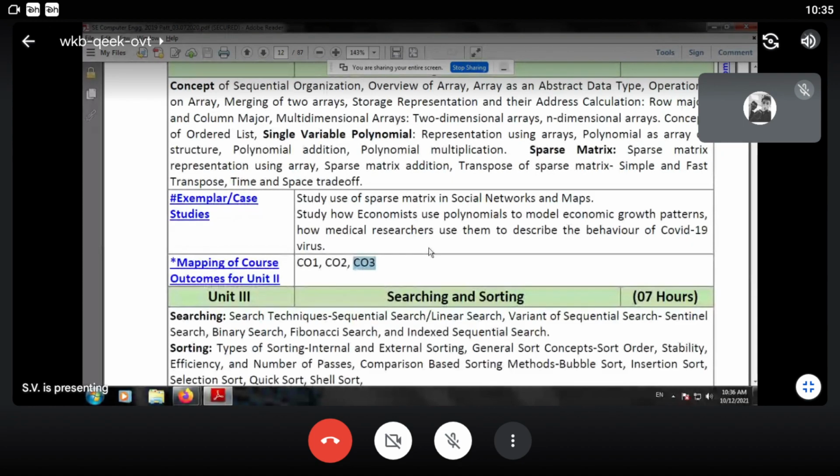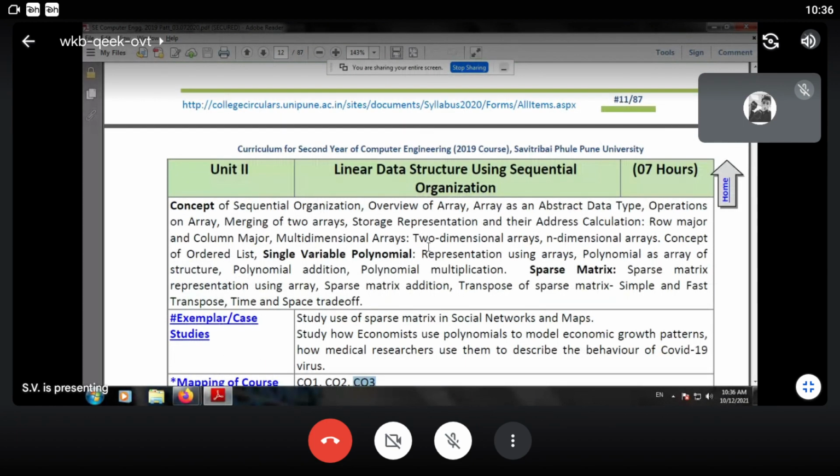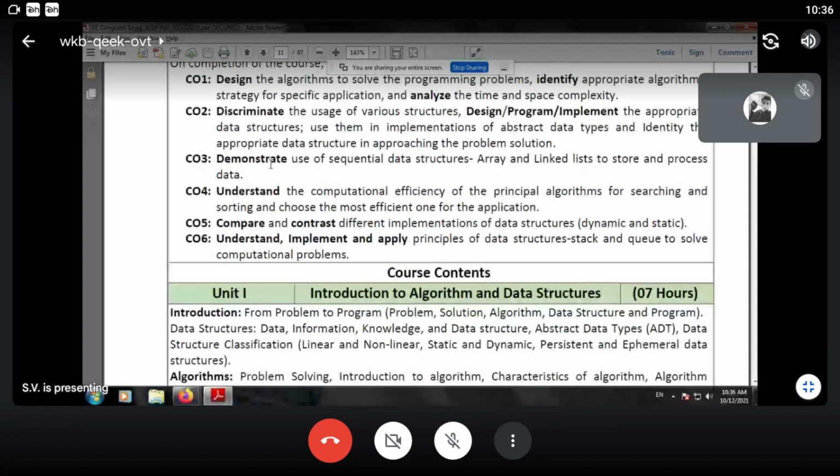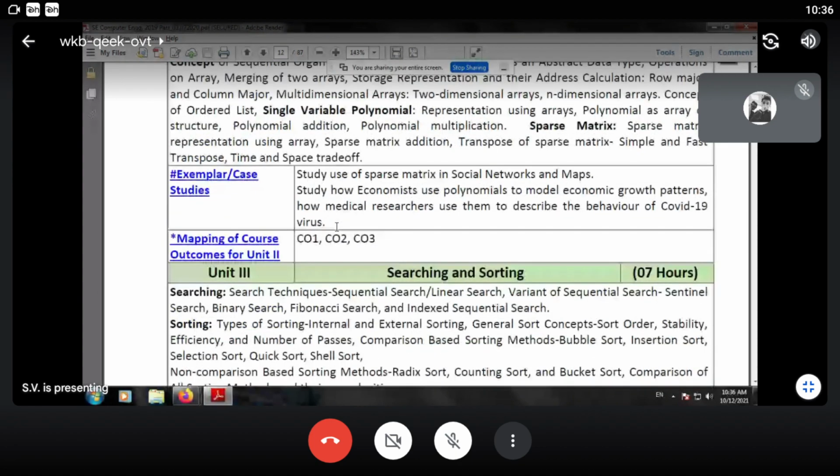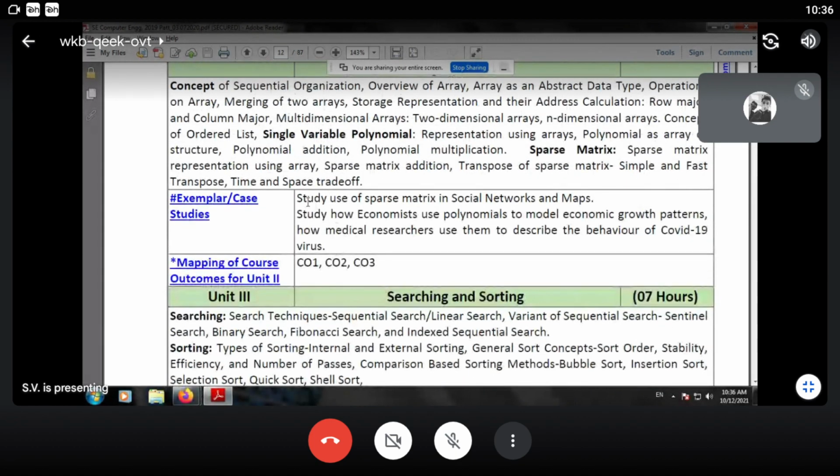The person who completes the case study has to give the presentation. It is a part of demonstration, with CO3. Whatever case study you have done, you have to demonstrate to your class, and everybody will gain some knowledge of data structures. Is it okay, participants?